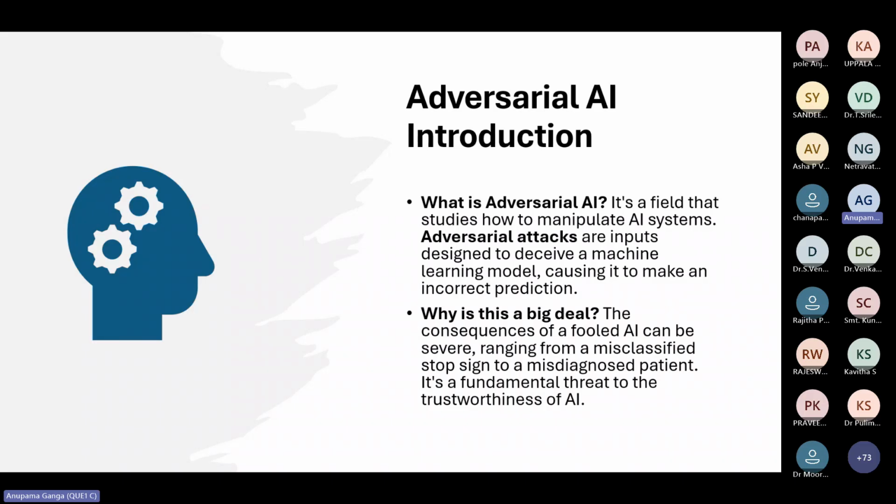Take the example of medical diagnosis. If a patient is diagnosed incorrectly, for example, imaging is mainly used to detect various kinds of abnormalities in the organs.